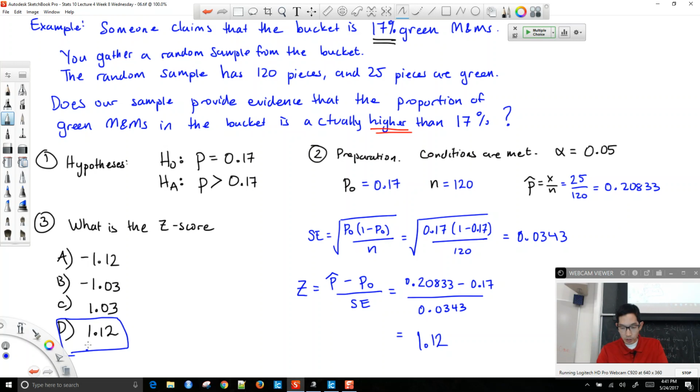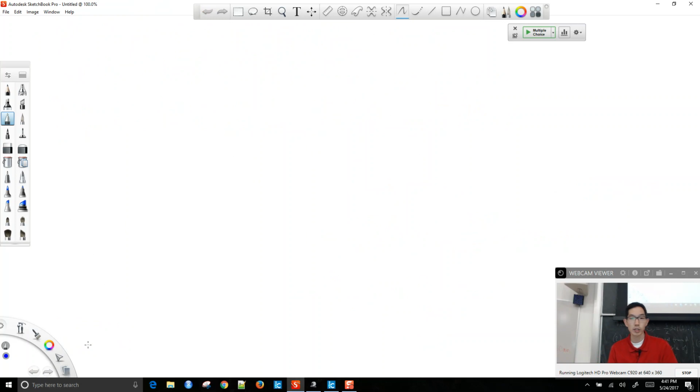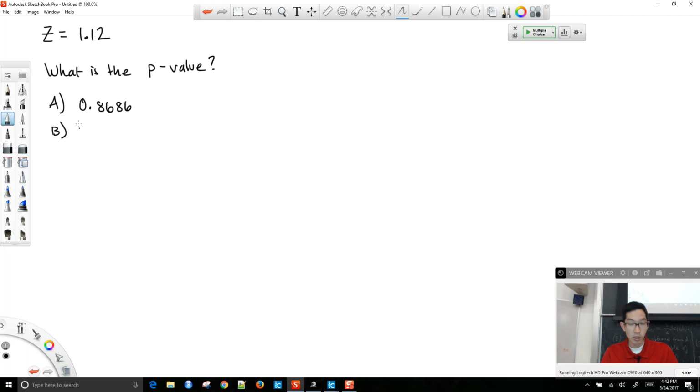With that in mind, the next question is, my z-score that we found, z is equal to 1.12, and so what is the p-value? Your options for the p-value are 0.8686, 0.1314, 0.2628, and 1.7372.